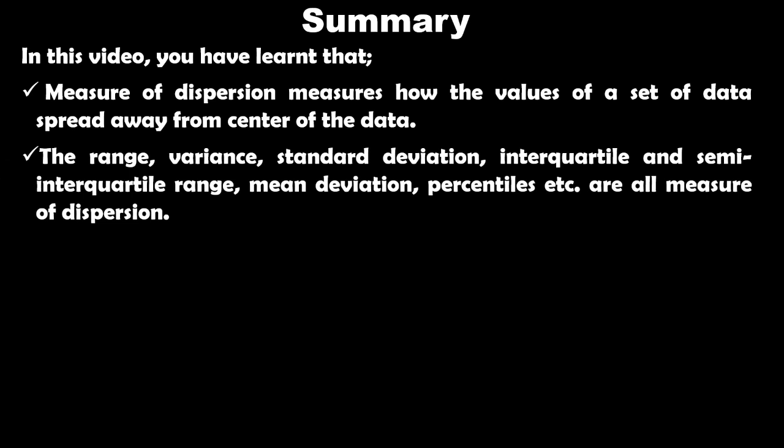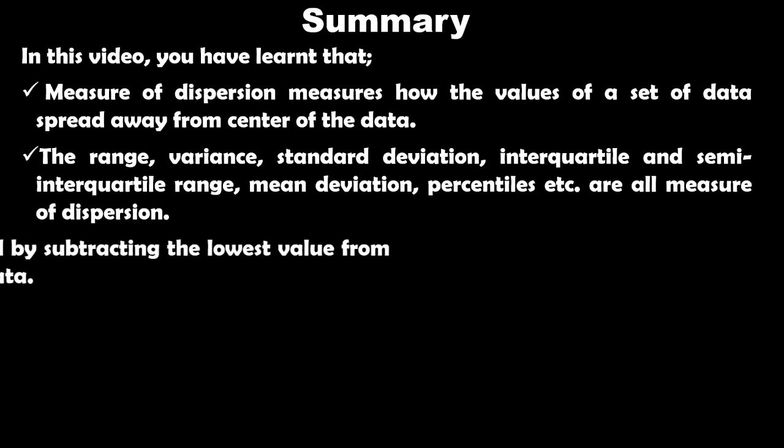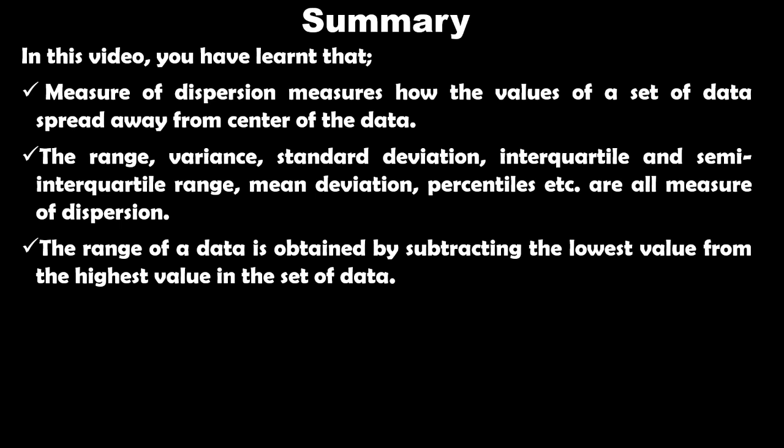The range, variance, standard deviation, interquartile and semi-interquartile range, mean deviation, and percentiles are all measures of dispersion. The range of a set of data is obtained by subtracting the lowest value from the highest value in the set of data.